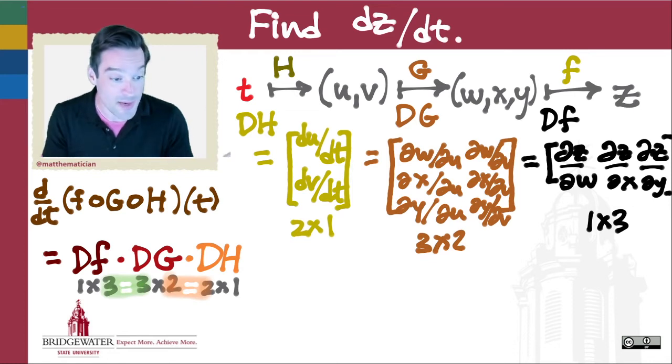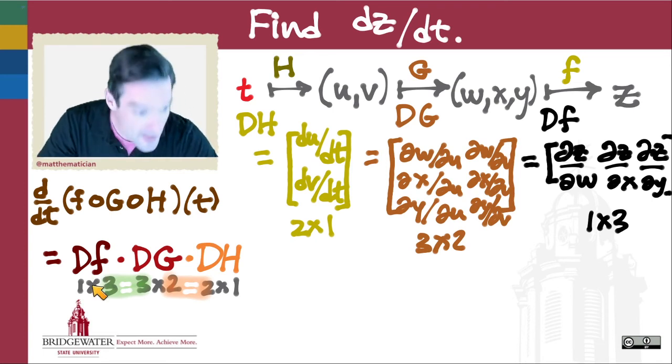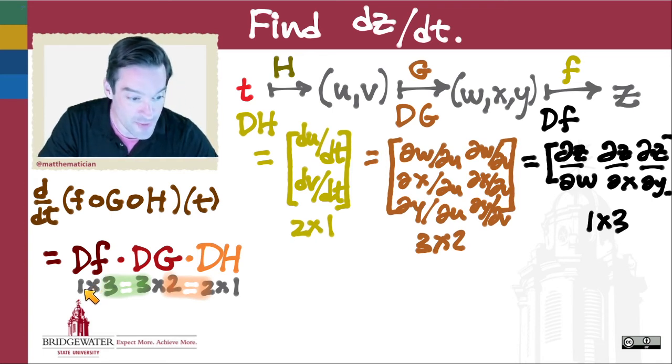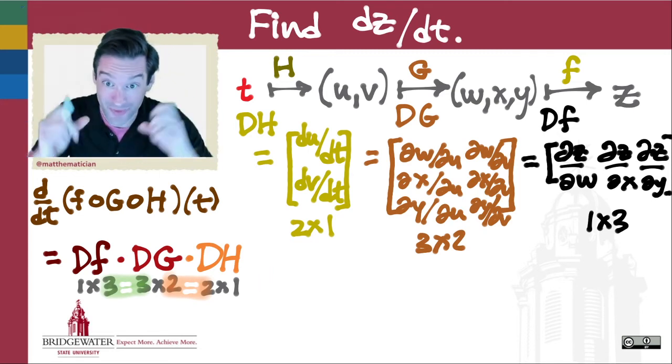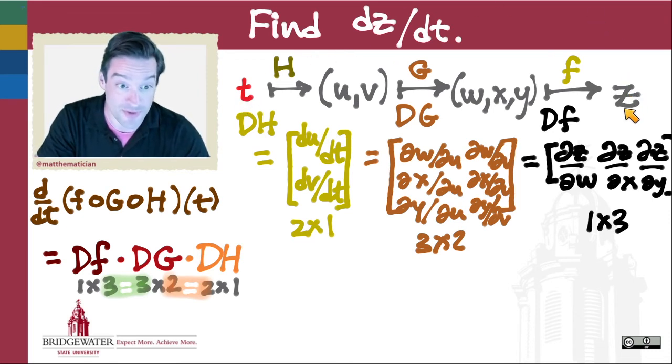So we can do this matrix product. All the dimensions match up. When I do the matrix product, the final answer is going to be a 1 by 1 matrix, a single number, which is what we expect, because the composition F composed with G composed with H takes a single input and produces a single output.